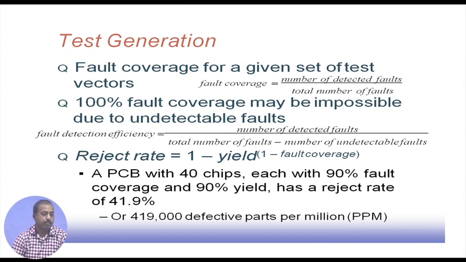Fault detection efficiency is defined as the number of detected faults divided by the total number of faults minus the number of undetectable faults. The denominator gives us the total number of faults that can be detected, and the numerator is the number of faults detected by a particular test set. So this ratio gives us the fault detection efficiency of a test set.